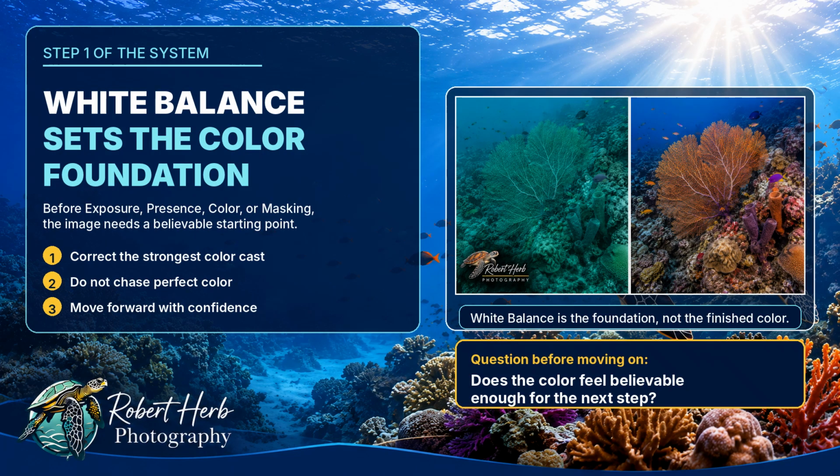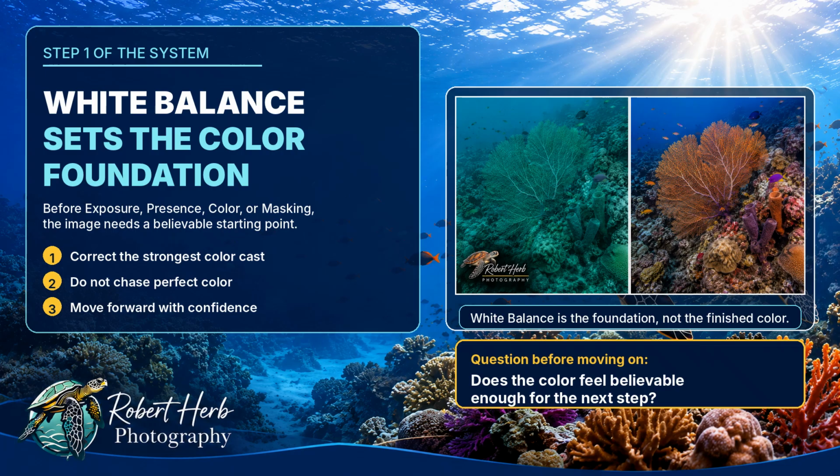That is backtracking, and it is exactly what a repeatable sequence helps prevent. White balance comes first because most underwater photographs begin with a color problem. As light travels through water, colors are absorbed unevenly. Reds, oranges, and yellows disappear quickly, and the file often shifts towards blue or green. In Lightroom and Lightroom Classic, Temperature and Tint help you correct the strongest overall color cast.